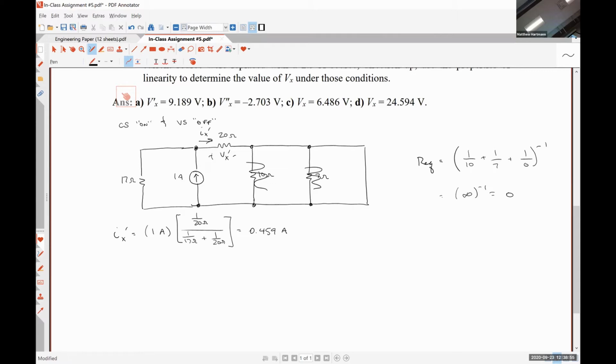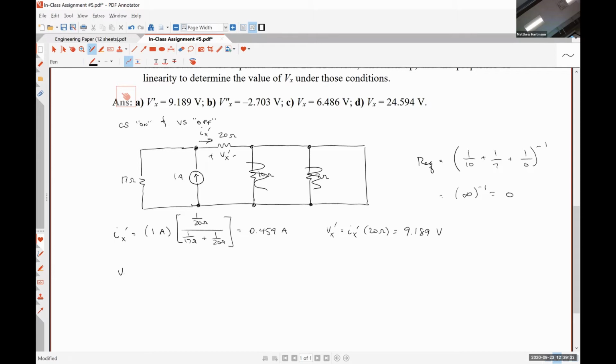And using Ohm's law, Vx prime is simply Ix prime times 20 ohms. So we multiply this by 20, and we get 9.189 volts. Now what I am going to do right now is solve for it using Ohm's law and the equivalent resistance, because I want you guys to see something.